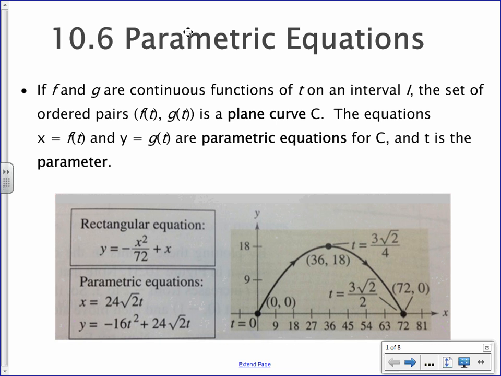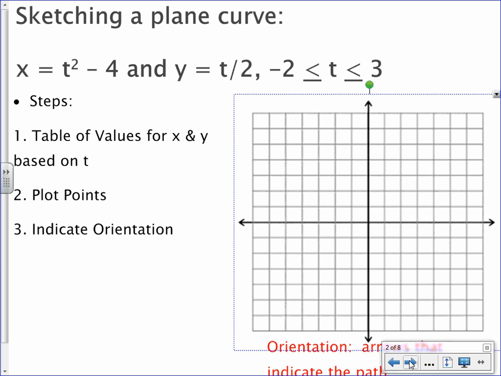There are a couple different ways to graph these. Here is a very straightforward way. Instead of making an XY table, we're going to make a T, X, Y table, and plug values in for t to get our x and y.